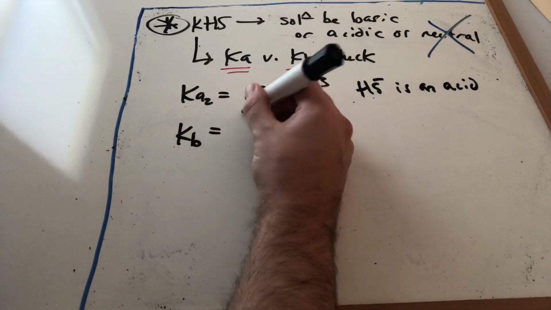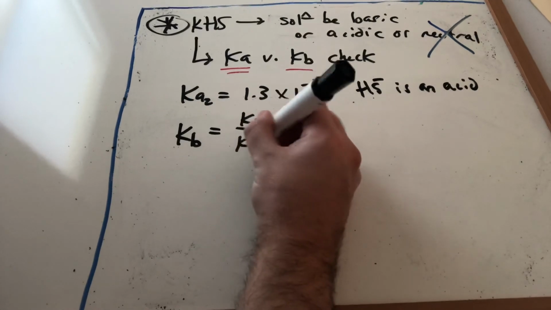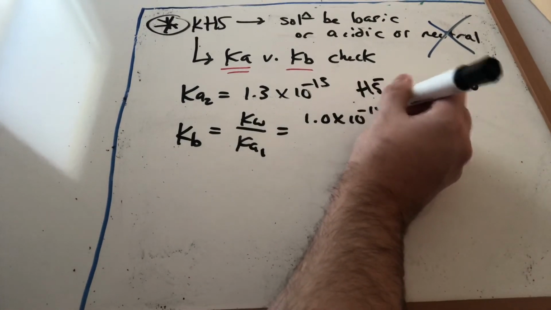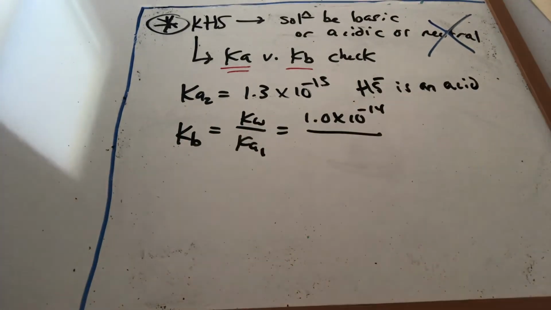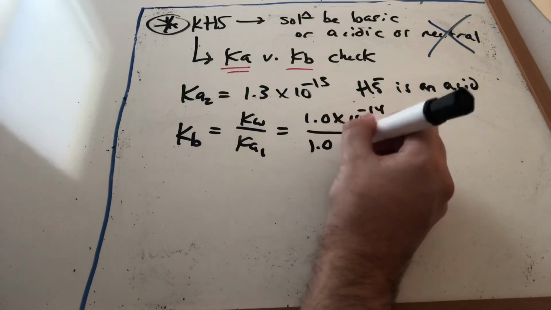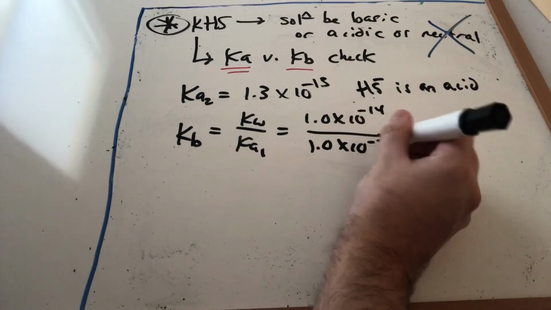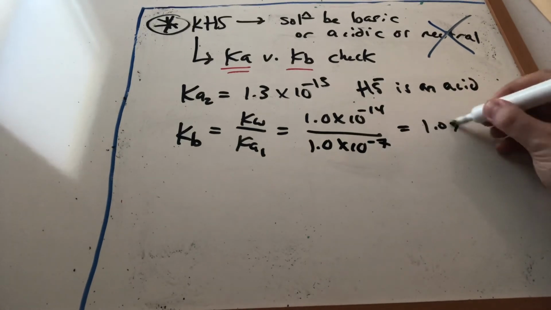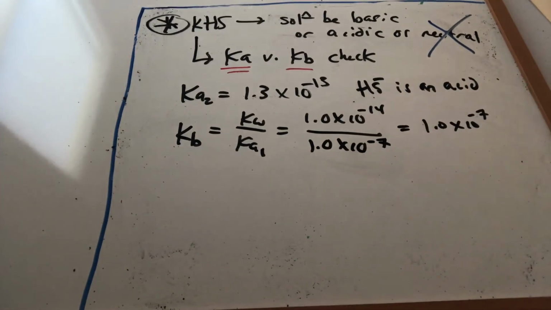Kb is going to be Kw over Ka1, which is 1.0 times 10 to the minus 14, divided by Ka1, which was given to us in the last example, 1.0 times 10 to the minus 7. This math works out to be 1.0 times 10 to the minus 7. That's just luck, you do the math.